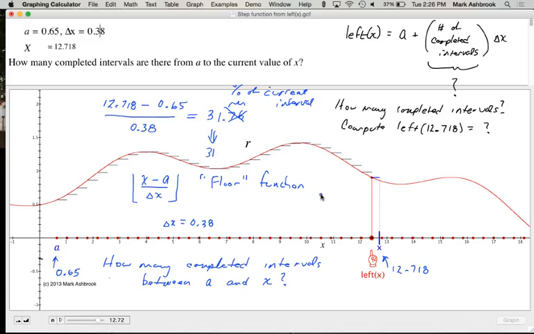It gives you the greatest full value less than the value you give it. The easy way to think about it is it just chops off any decimal and gives you the whole amount. Even if it's 31.998, not 32, it's still 31. So the floor of (x minus a) over delta x gives us the number of completed intervals.